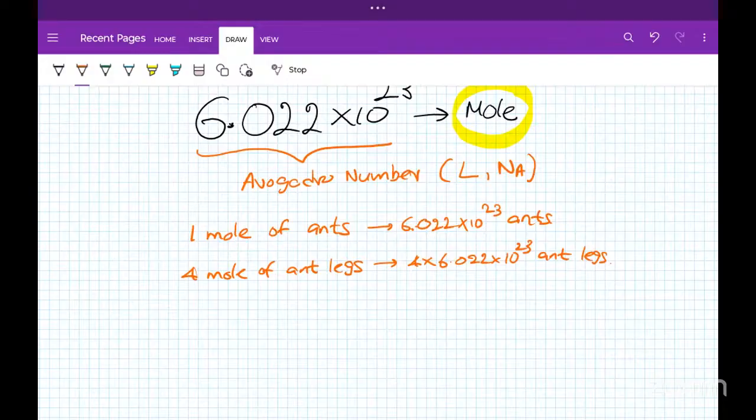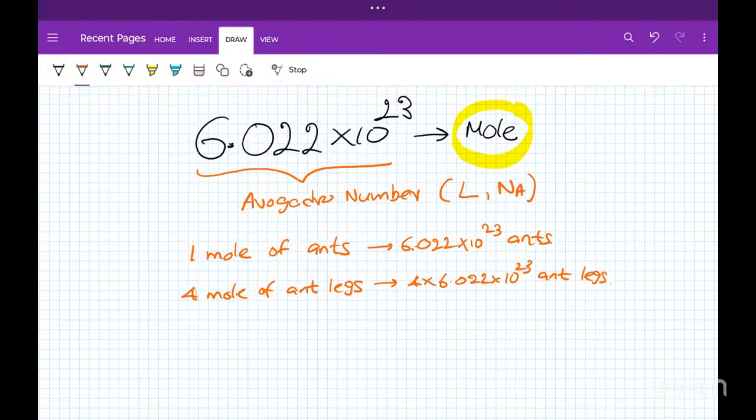Mole is a number. So why is this number important? If you remember, the atomic mass unit is taken as 1/12 of the mass of a carbon-12 atom.